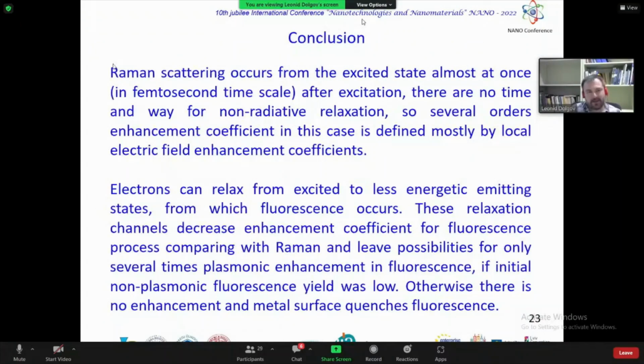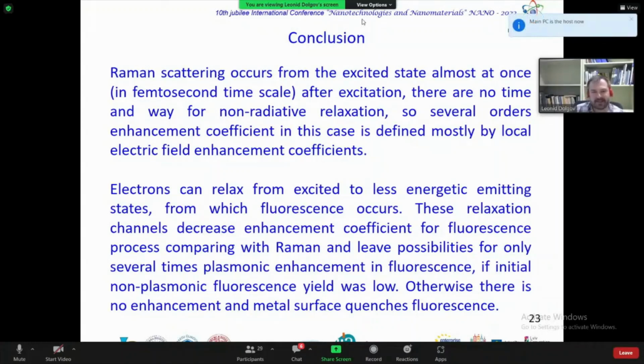So in conclusion, Raman scattering occurs from the excited state almost at once after excitation. There is no time and no way for non-radiative relaxation. So the several-orders enhancement coefficient in this case is defined mostly by local electric field enhancement coefficients. But in other cases, electrons can relax from excited to less energetic emitting states from which fluorescence occurs.